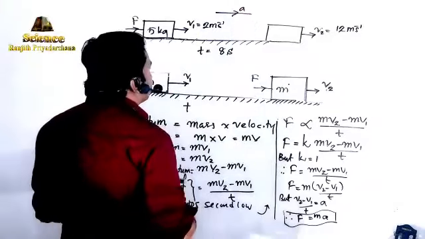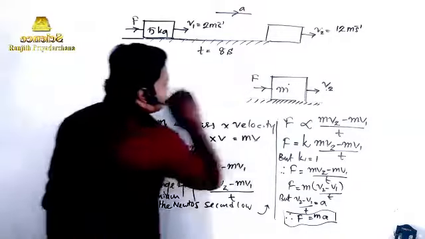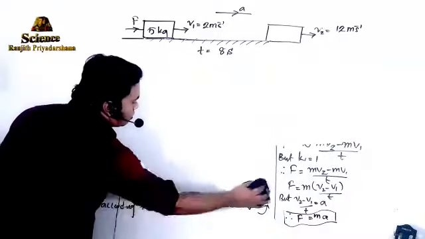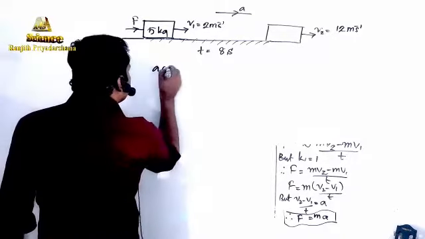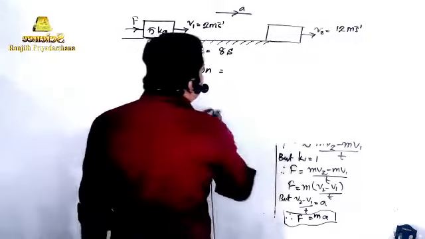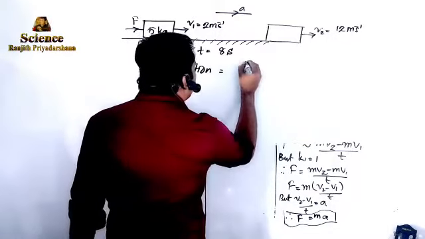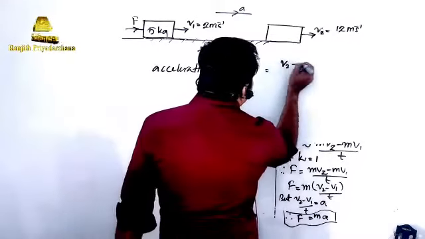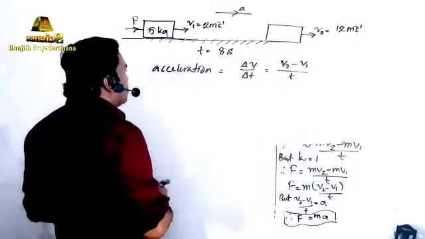Yes, you can calculate the acceleration of this object. Acceleration equals rate of change of velocity, so that's delta V over delta T, which is V2 subtraction V1 over delta T. The time change has been directly given to us.